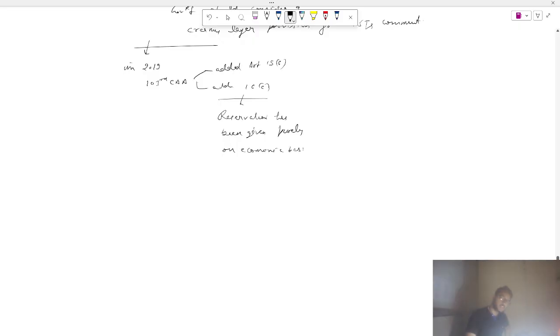That is, 10% to the economically weaker section, EWS category. So in the 103rd Constitutional Amendment Act, Parliament added Article 16(6), where they gave reservation to the economically weaker section by 10%. This is against the Indira Sawhney judgment.